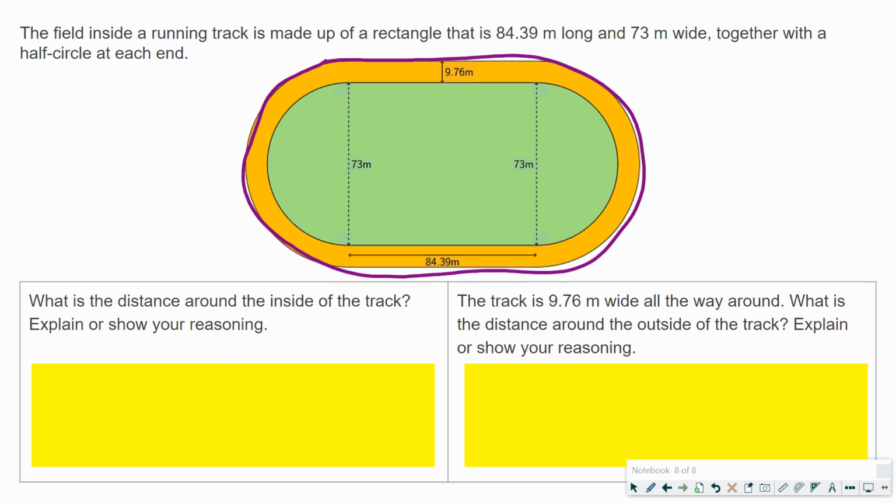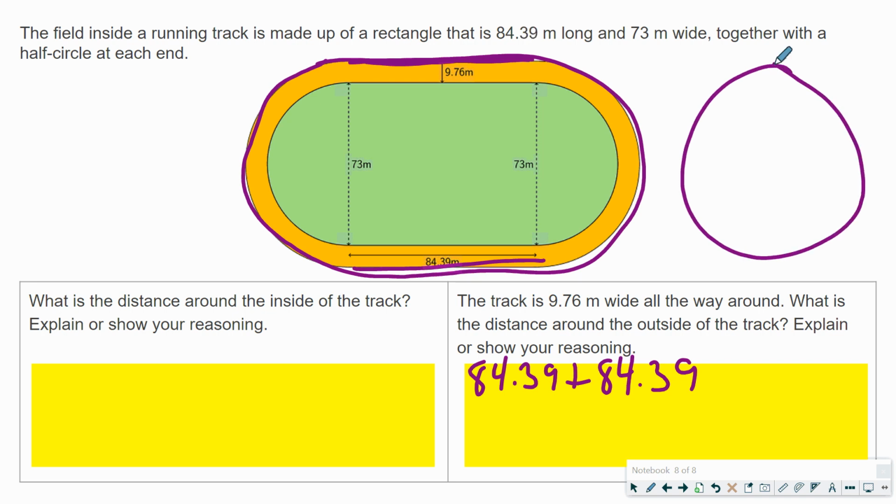I still have this part from here to here, that is my 84.39, so I'm still going to add 84.39 twice. But my circle is a different size. On either side of my diameter, I added 9.76.